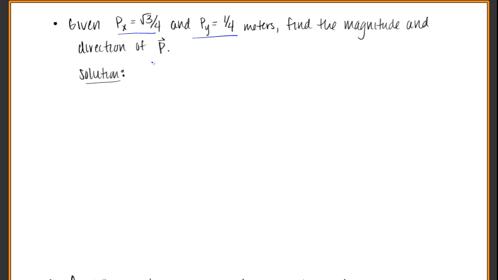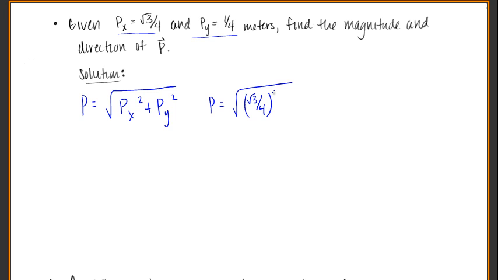Using our formulas, we know that r is equal to the square root of our x portion squared plus our y portion squared. So r is equal to the square root of the square root of 3 over 4 squared plus 1/4 squared.